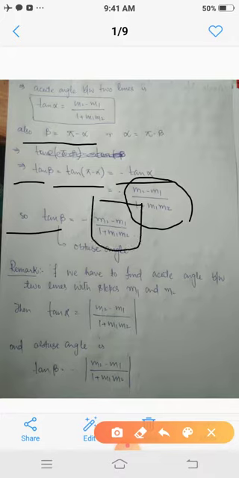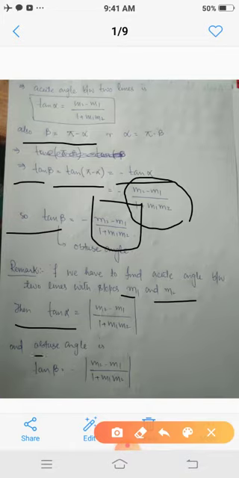So this means that if we have to find the acute angle between two lines with slopes m1 and m2, then tan of alpha, where alpha is the acute angle, is simply the modulus, meaning the positive value, of m2 minus m1 upon 1 plus m1 m2.